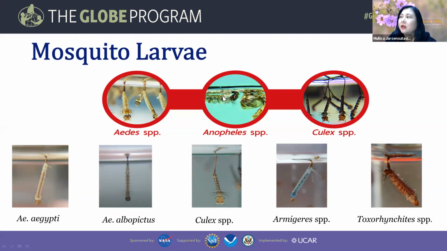For Anopheles, they have a tiny, very short siphon, so they really have to hang very close to the water surface, and they generally tend to live in clean water. For Toxorhynchitis, this one is usually 3 times bigger than normal mosquito larvae, and they eat other mosquito larvae for food.